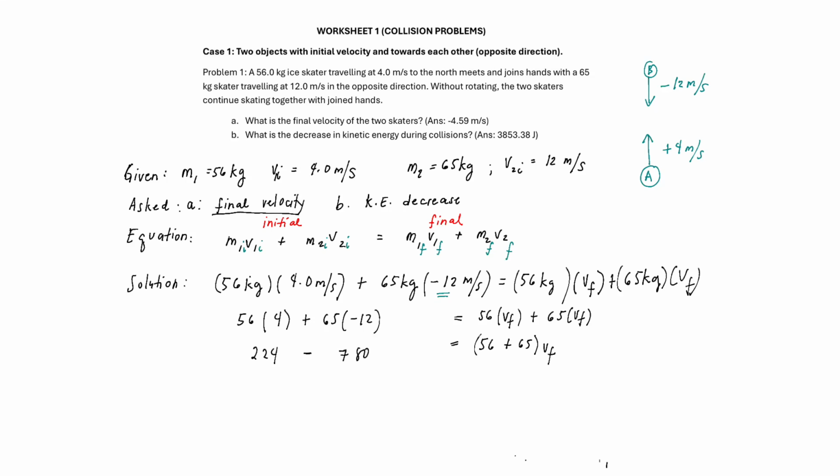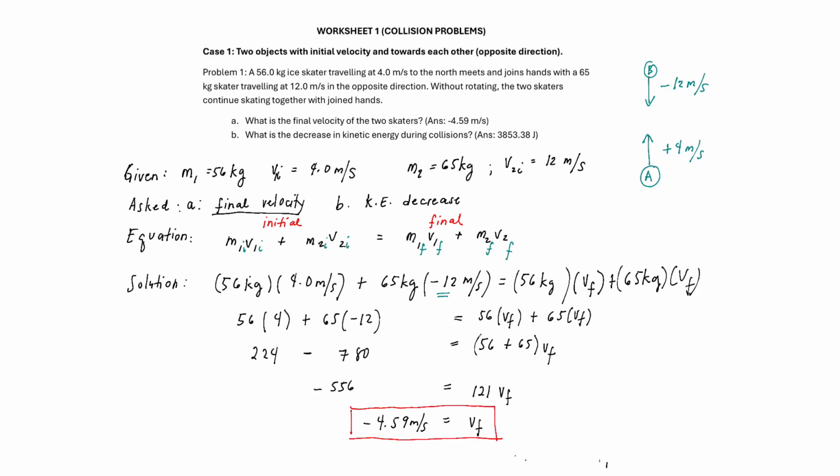Negative 780 plus 224 is negative 556, which equals 121 Vf. By pressing our calculator, that would be negative 4.59 meters per second. This will be our answer for letter A.